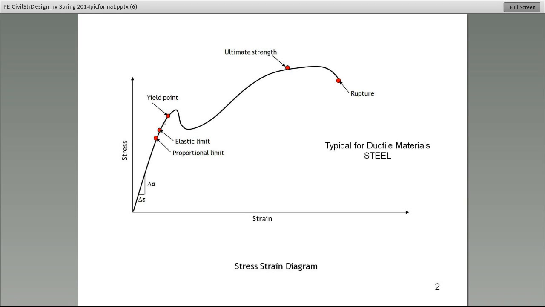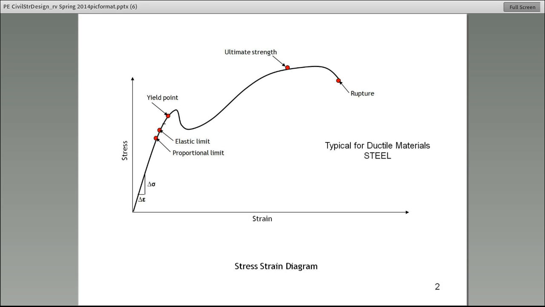All right. This stress-strain diagram is something that I covered last Thursday, so I'm not going to go over it in detail. However, I will show you one thing. By the way, this is a stress-strain diagram that's typical of a certain class of materials that we call ductile materials.